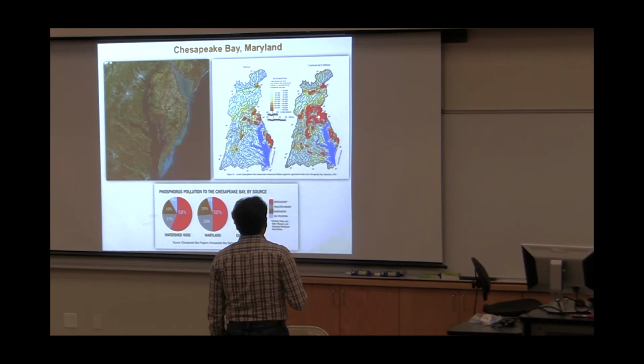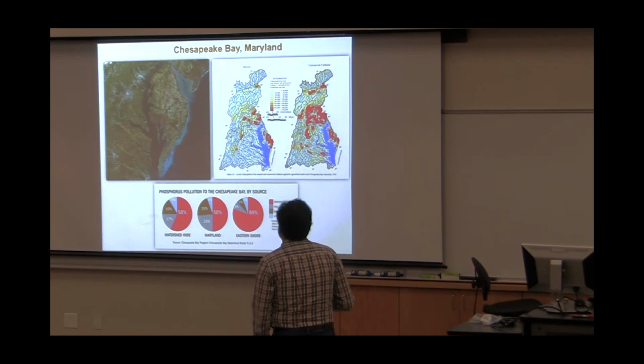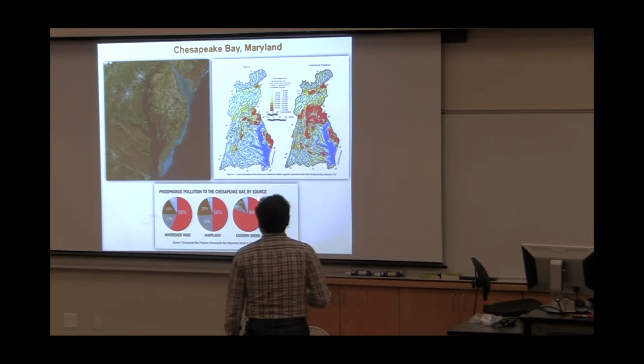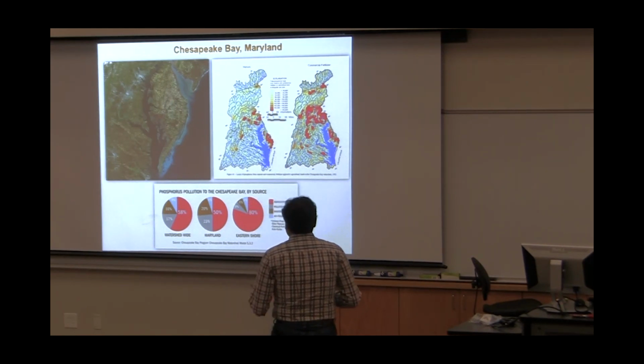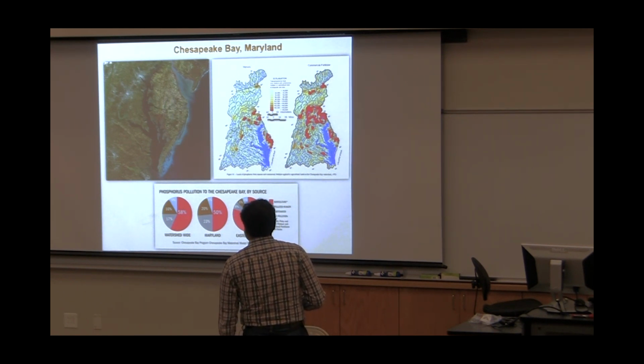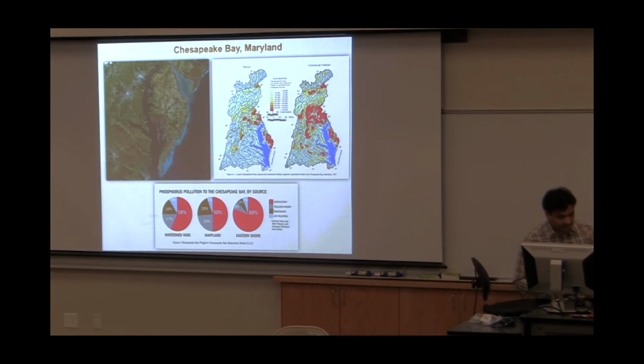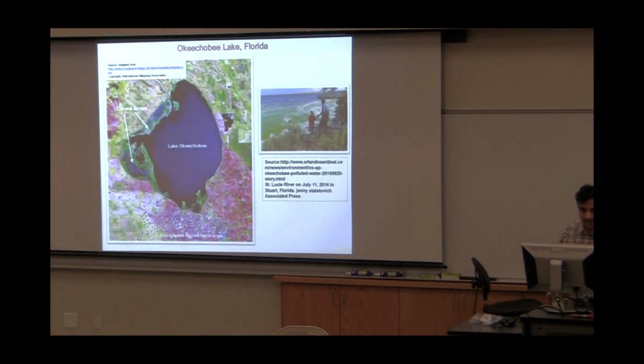The phosphorus pollution is mainly due to agriculture-based fertilizers. In the Eastern Shore, 80% is contributed by agriculture. In Maryland, it's a 50% contribution, and in the watershed region, it's 58%. So it creates excess problems in the environment.